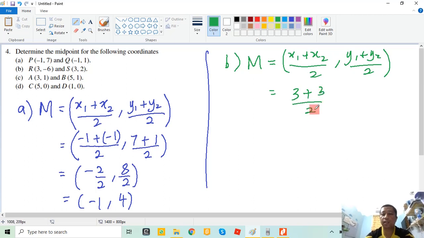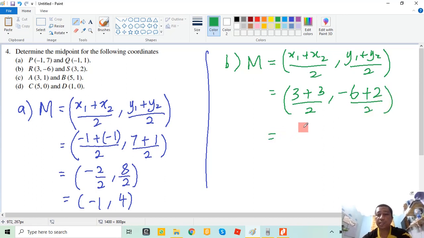Divide 2. And then y1 is -6 from point R. And then y2 is from point S, 2. So plus y2 is 2, divide 2.